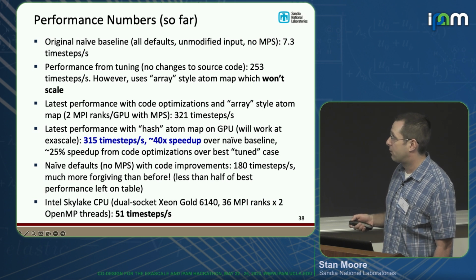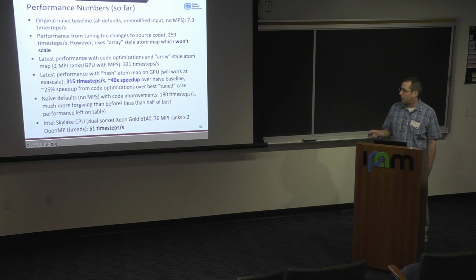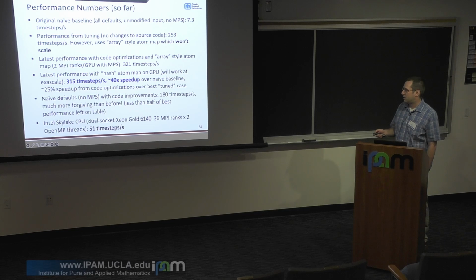So if we look at the latest performance with all the code optimizations and this array style, it's 321 timesteps per second. Because we ported this atom map to Kokkos, we can now use the hash version, and it gives significantly better performance. And this hash style will work at Exascale. We can run billions or trillions of atoms with the hash style.